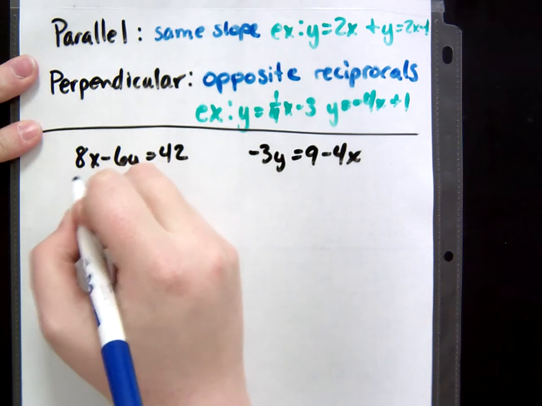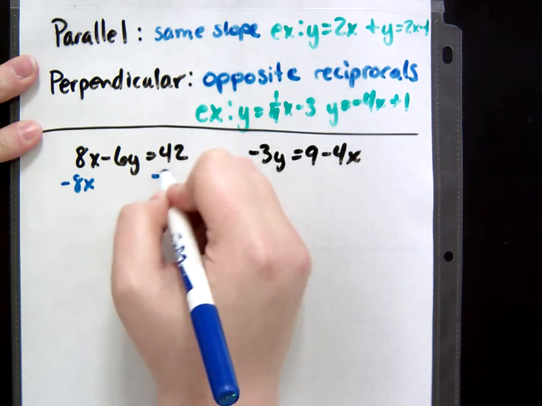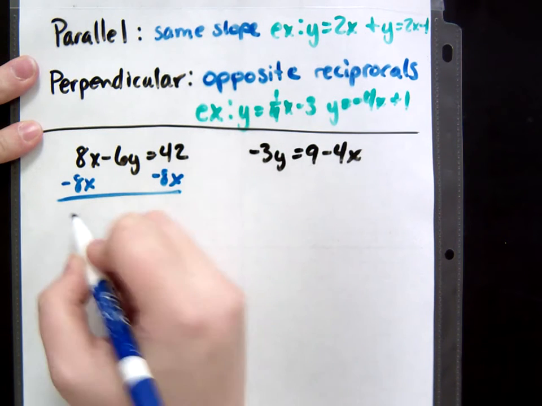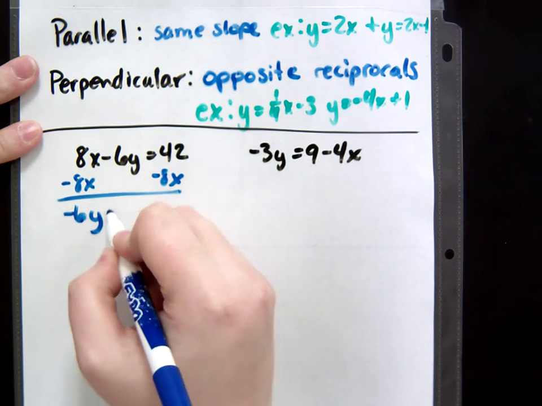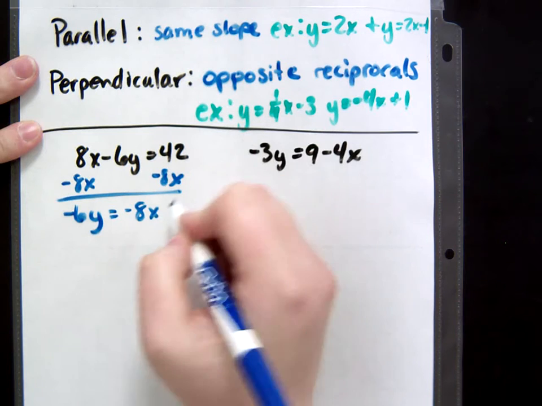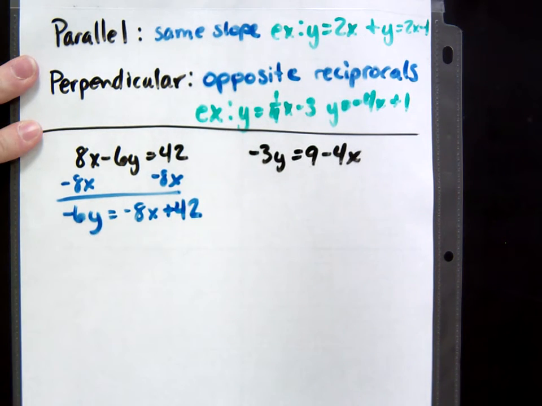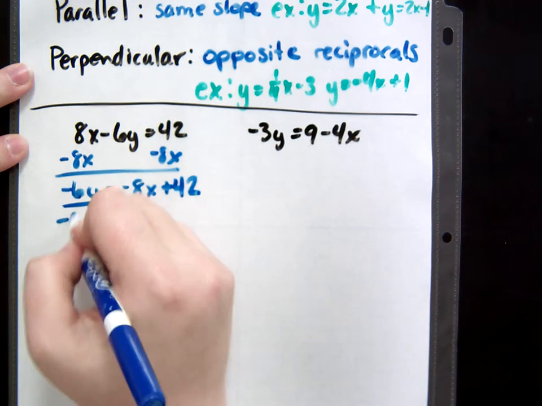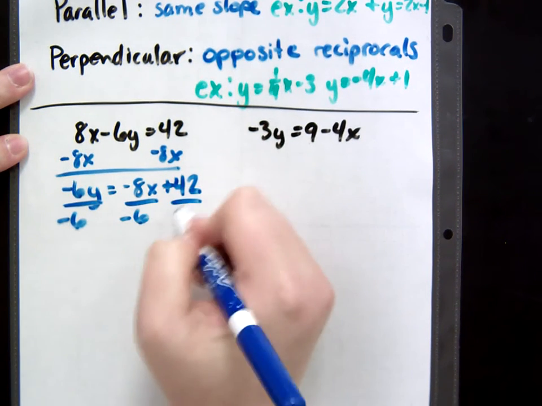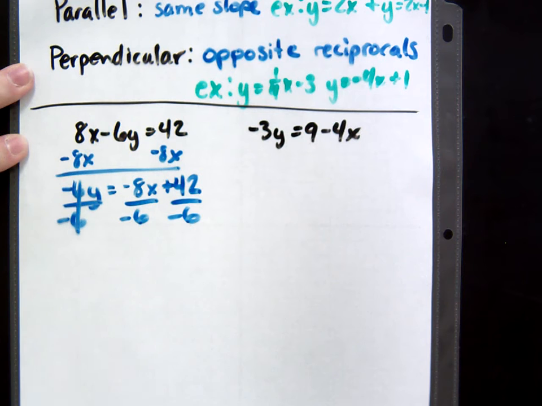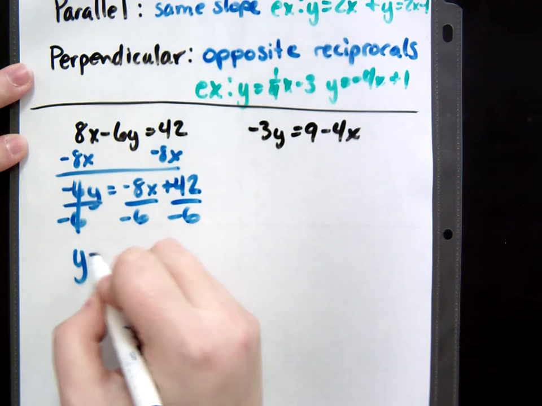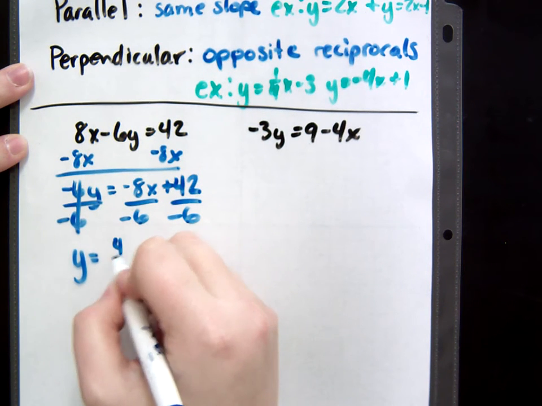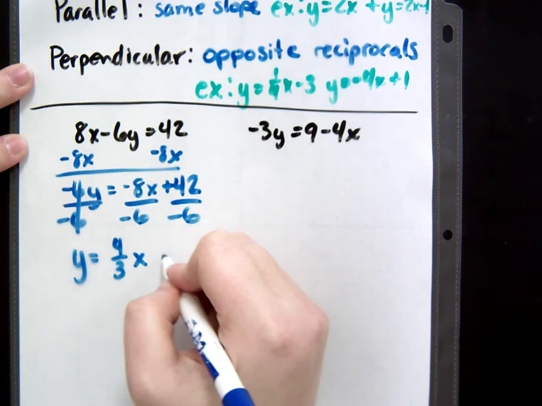On this left one, I'm going to start by subtracting 8x from both sides, which gives me negative 6y equals negative 8x plus 42. But I want y by itself, which means I have to divide everything by negative 6, because that cancels this out. So I get y equals 4/3 x minus 7.